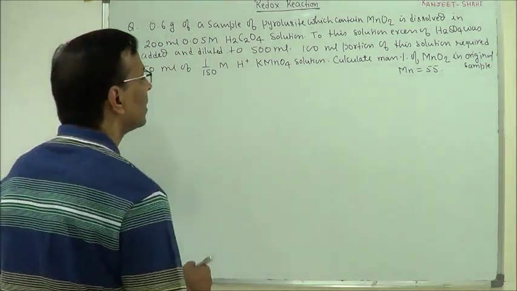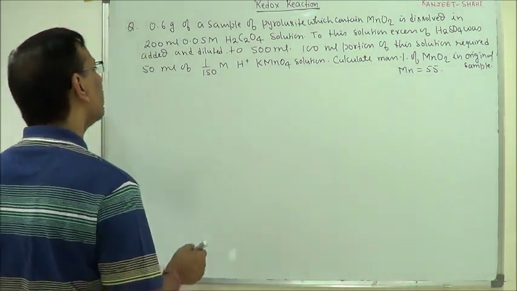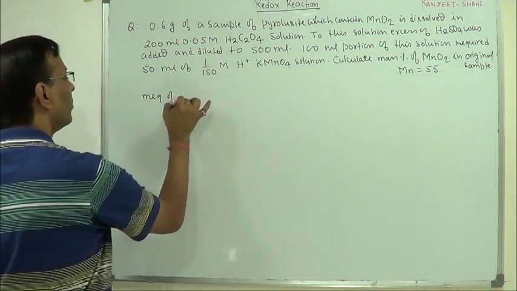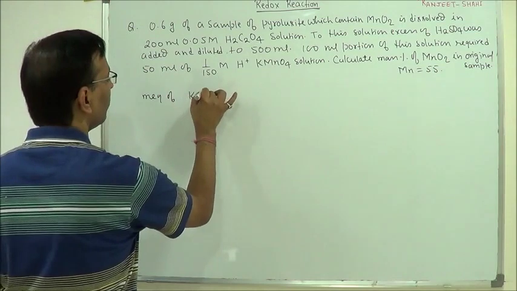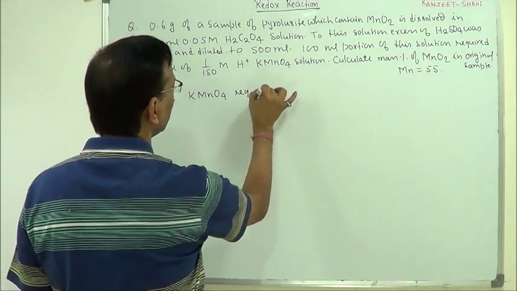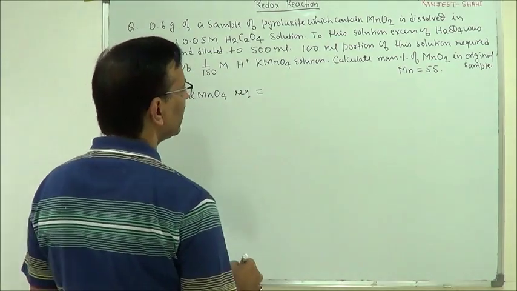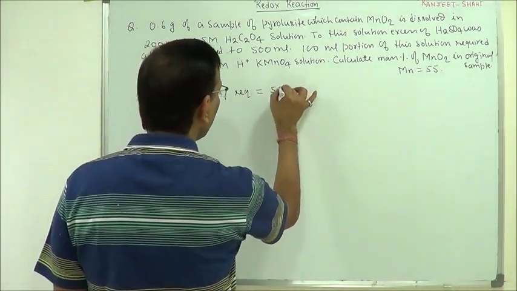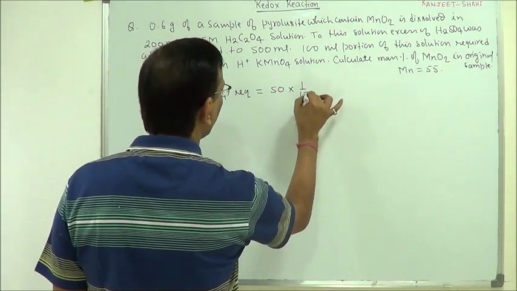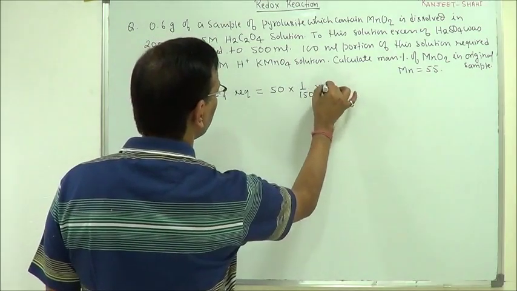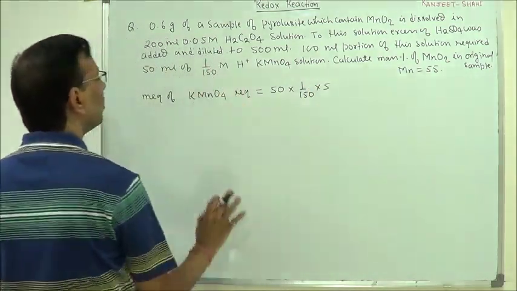If we find out the milliequivalent of KMnO4 required in the final stage, then that would be equal to 50 into 1 upon 150 into 5. Normality will be molarity into 5.